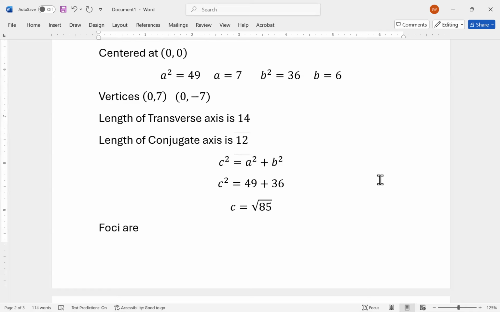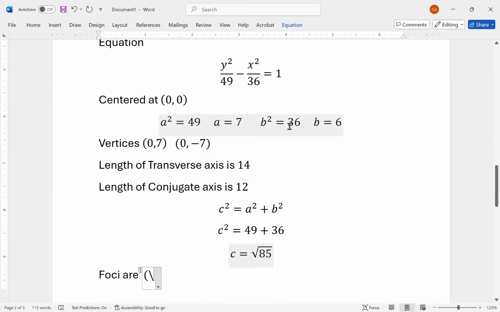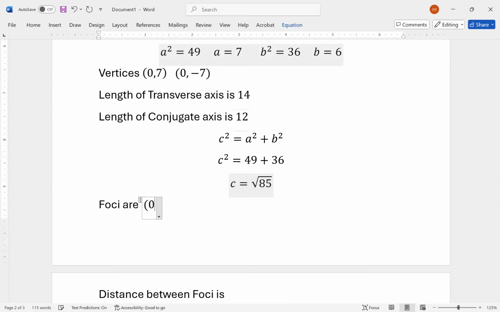That means the two foci are the positive square root. Oh, I'm sorry. No, we have to go up and down, don't we? Because we're pointing up and down. So I have to go 0, comma, the square root of 85.